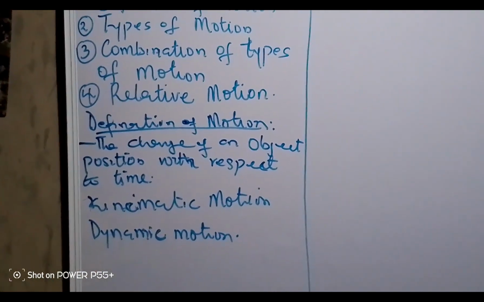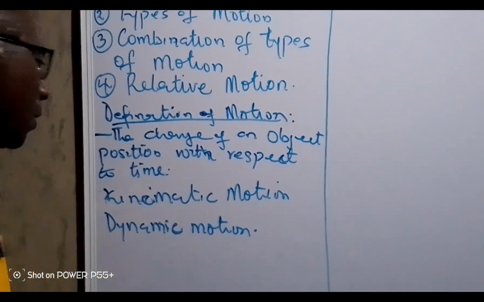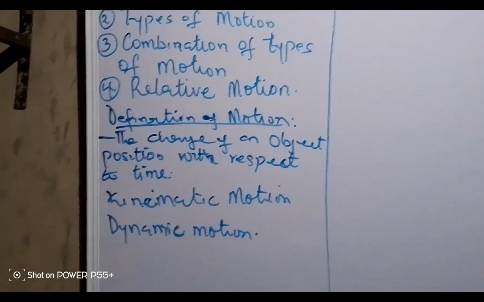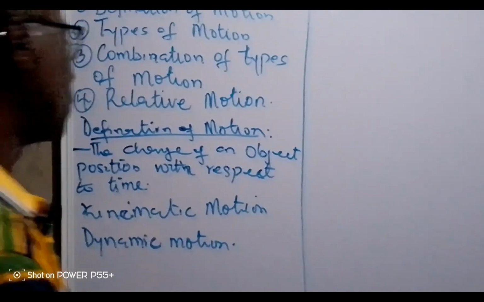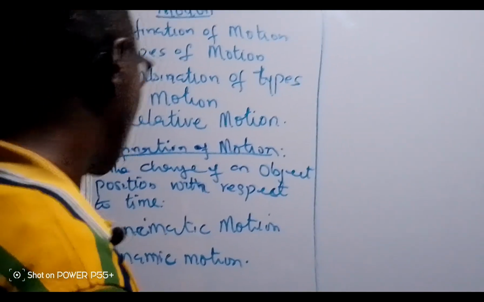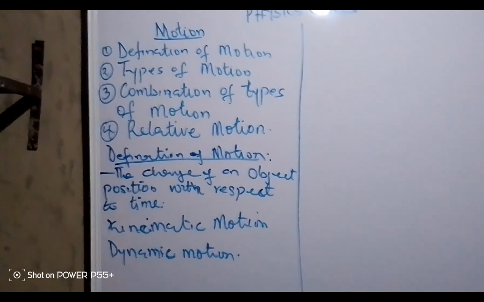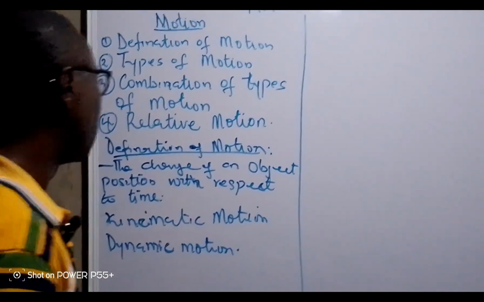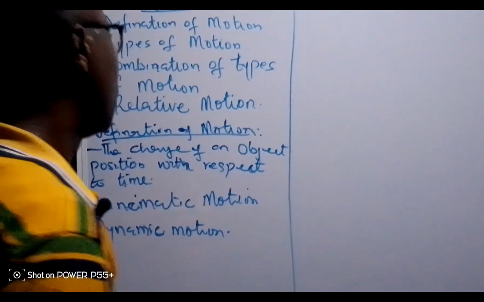Dynamic motion is the study of an object motion with regard to the force that caused the motion. When you study motion together with the force, that one is dynamic. But kinematic, you only study the motion without looking at the force. Those are the two natures of motion that we can have.